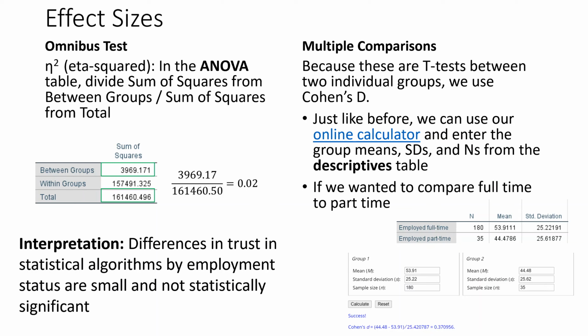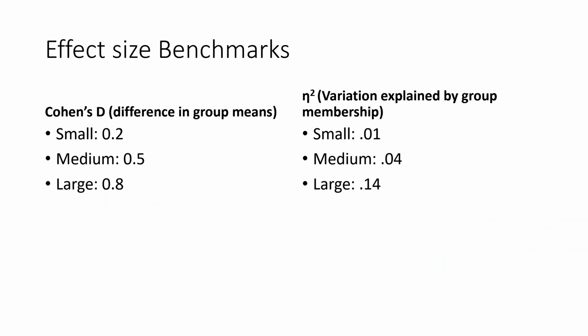And then the multiple comparisons are t-tests, so we can just do Cohen's d just like before. So we could plug in the n, the mean and the standard deviation from employed full-time, as well as part-time, into our calculator from before and get Cohen's d just like before.